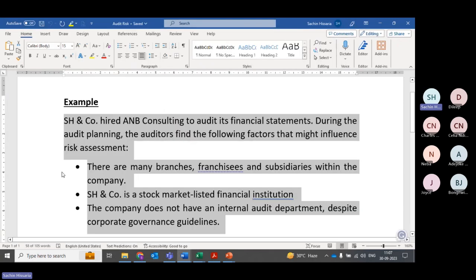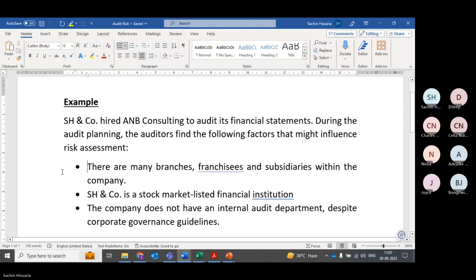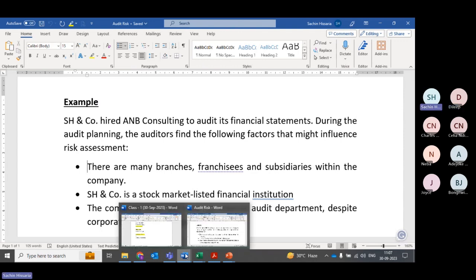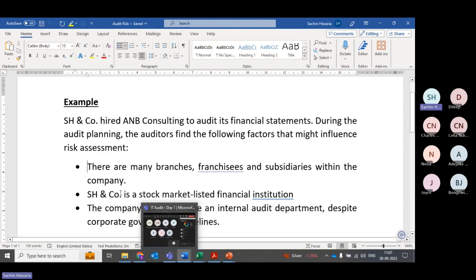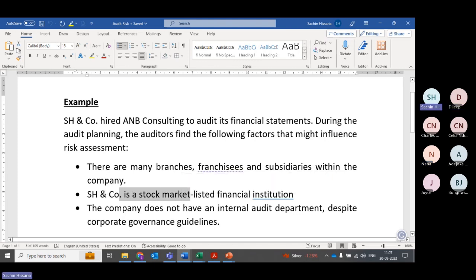Which statement, which bullet, will help you to calculate the IR? Okay, so first one, and Dilip is saying second one. There are many branches, SHN company, stock market listed company. Which bullet will help you to calculate the CR? The third one.